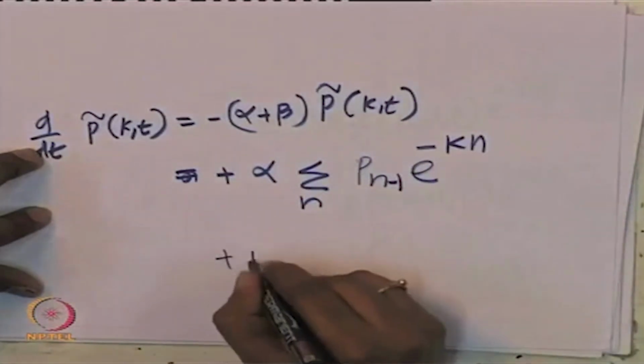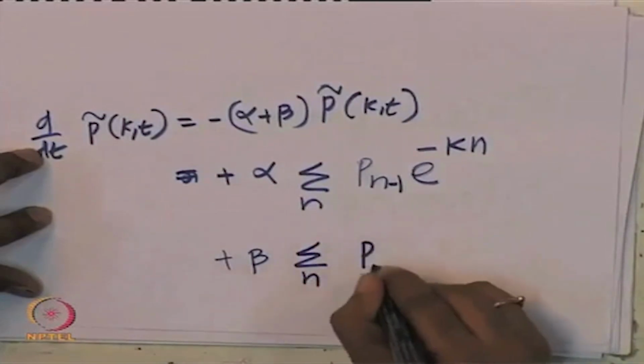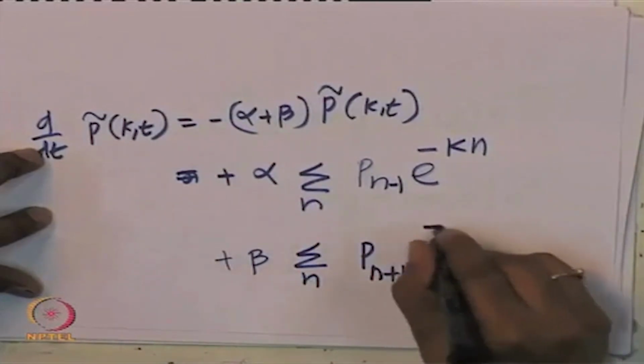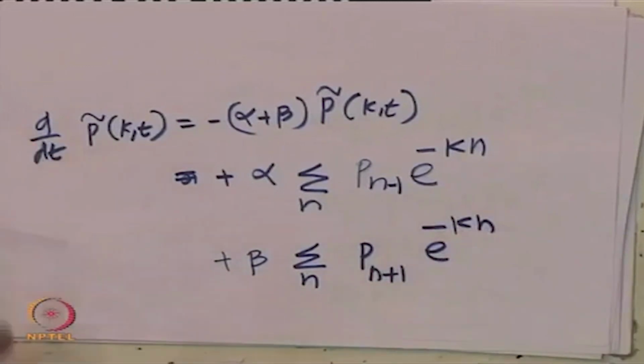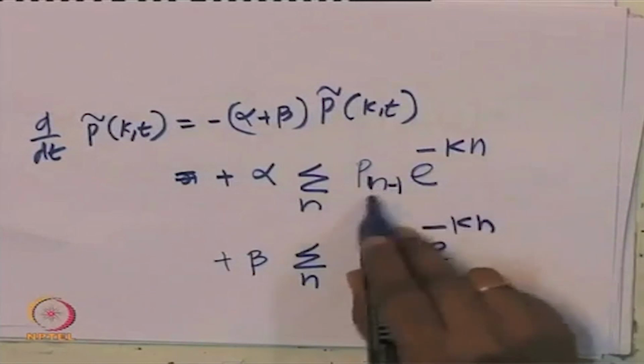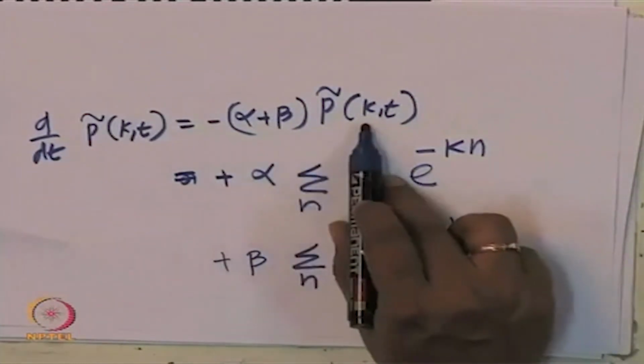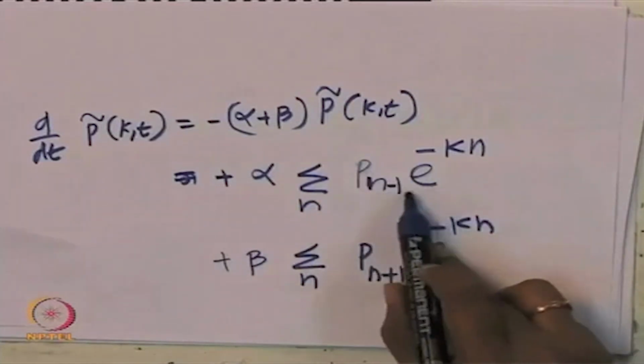Here it is plus beta sum over n p n plus 1 e power minus k n. So, now if this were n, sum over n p n e power minus k n, I could have defined it as p tilde of k, but this is not n, this is n minus 1.